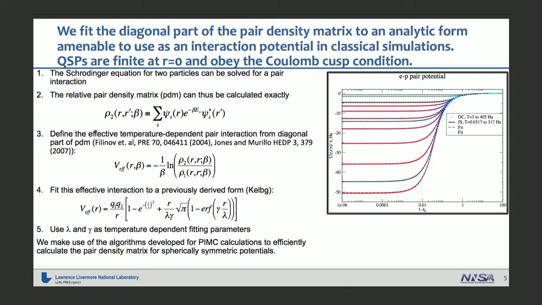We then take the diagonal piece of that, so forget about R prime different from R; we're just going to take R equals R. What that corresponds to in the path integral picture is that you take those spread out rings that represented your particles and collapse them down to a single point. So you've taken out the non-locality of quantum mechanics, but maybe that's okay when the thermal de Broglie wavelength is small because you're at very high temperature.